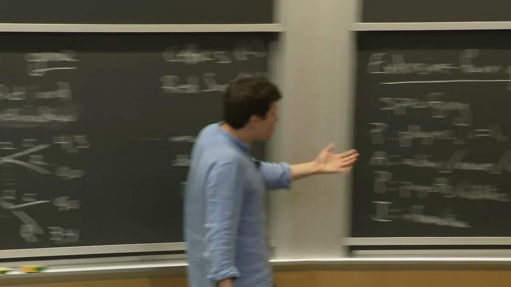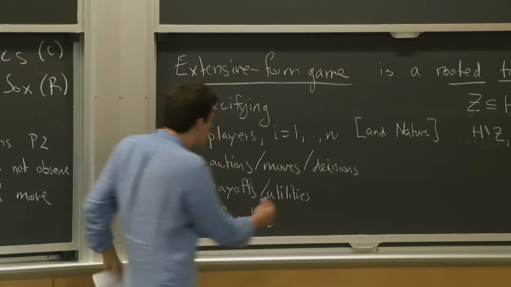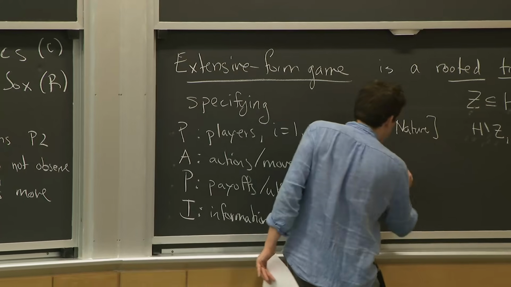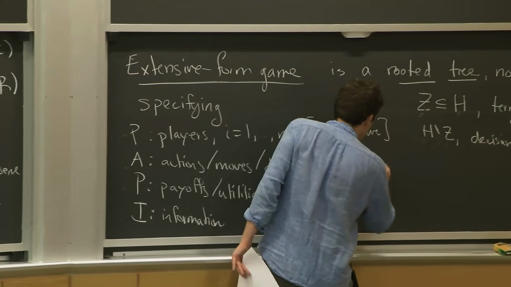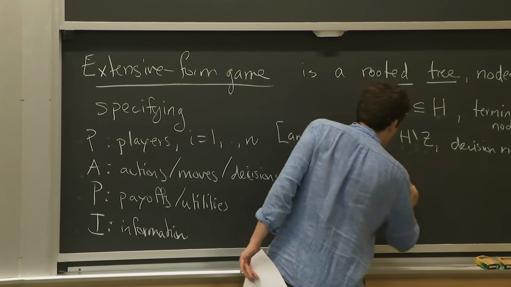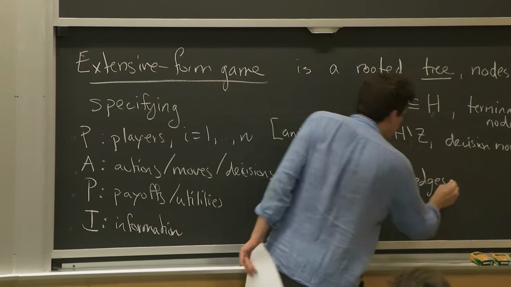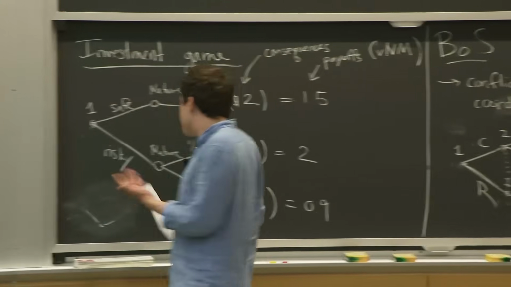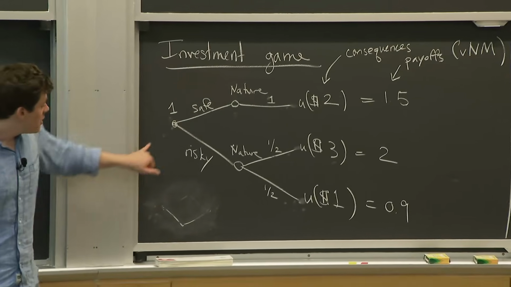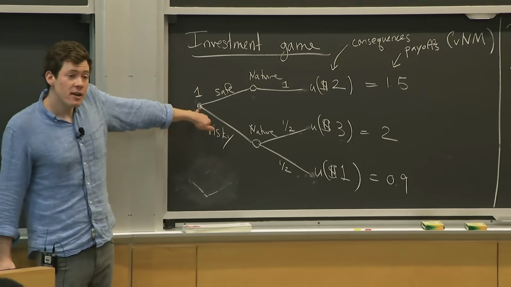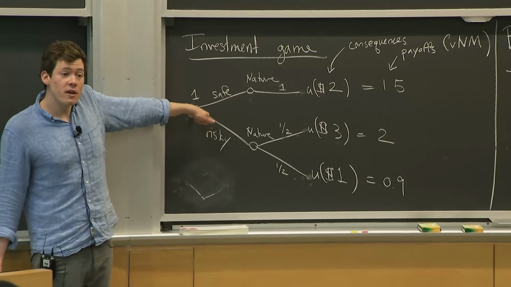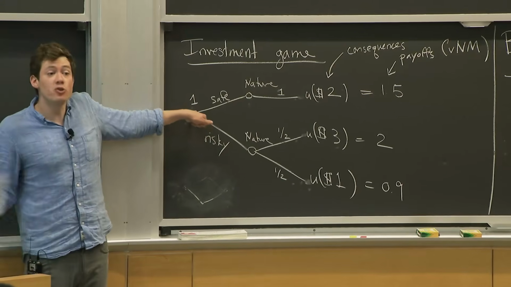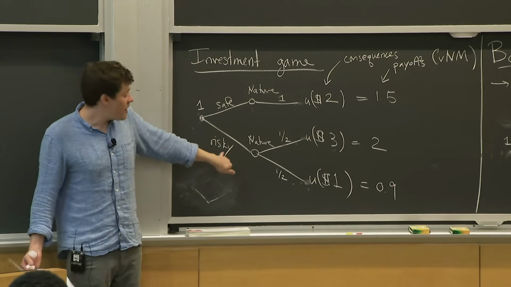Now we need the actions, moves, or decisions. Well, crucially, these are labeled on the edges of the tree. And we could be really formal and precise, but I think it's easier just to see what we mean. So let's take this history here. It's player 1's turn to move. At this node, player 1 has 2 choices, or 2 actions, safe and risky.